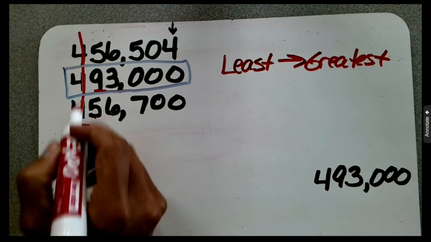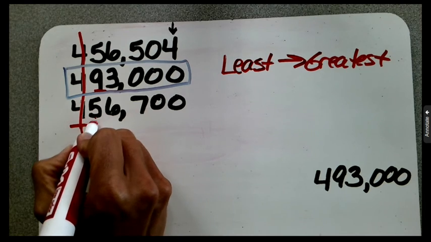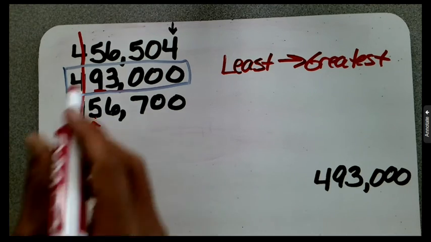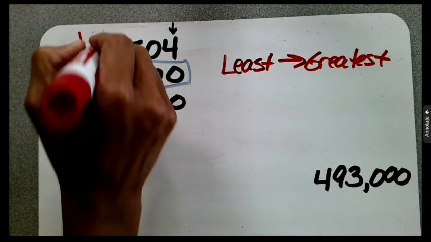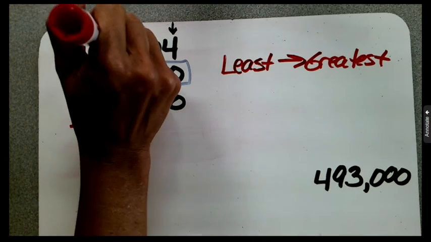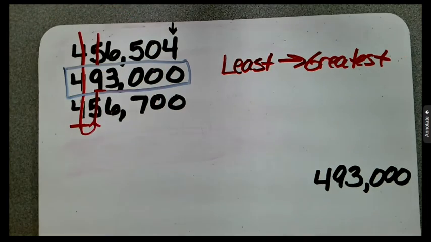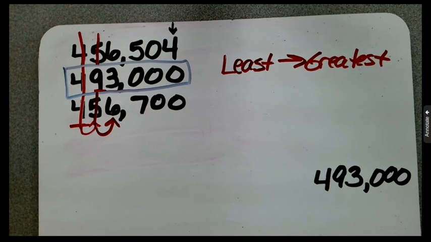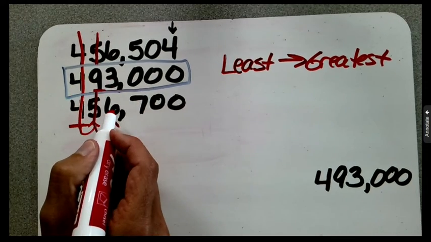So it says move over one column at a time. So we're going to move over to the 10,000s column, and we can see that we have a 5 and a 5. Well, they're the same. That does not help us out. We have to move over again. In the next column, you can see that you have a 6 and a 6.